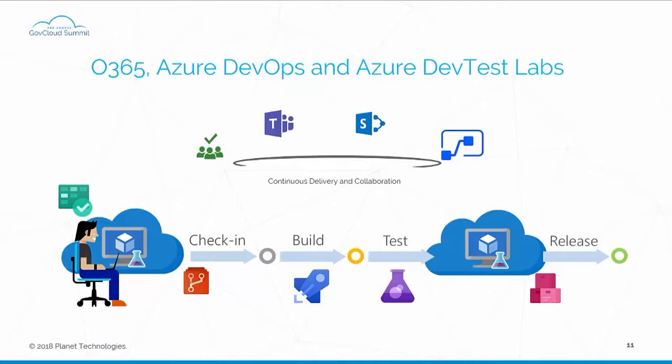So what I've talked to you about is O365, Azure DevOps, and Azure DevTest Labs. And what I have shown you is with the tools you already have available on the O365 side of the house, you can get started today in DevOps and DevSecOps just by changing the types of tools you're using for managing the people and the processes.